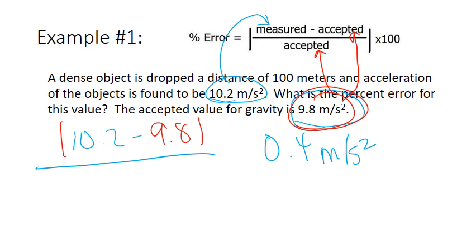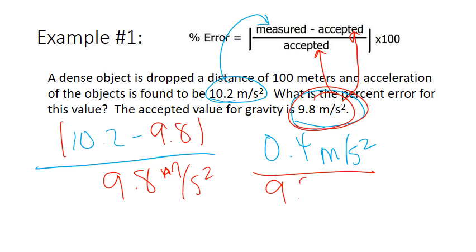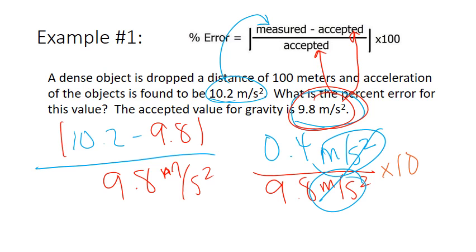But remember, you are going to be dividing it by the accepted value, which is 9.8 meters per second squared. When you look at this, the units up here will cancel out, so you'll be left with no units. So when you take 0.4 divided by 9.8, and then multiply that by 100, you end up, rounding to 1 sig fig, with 4%.